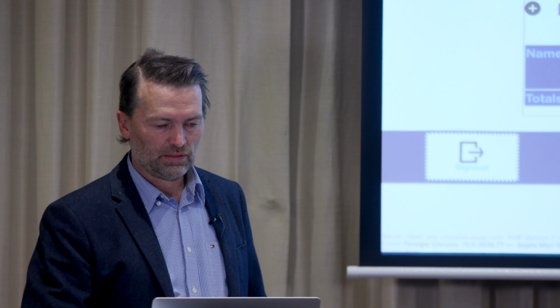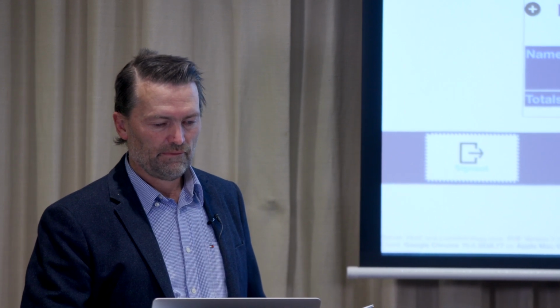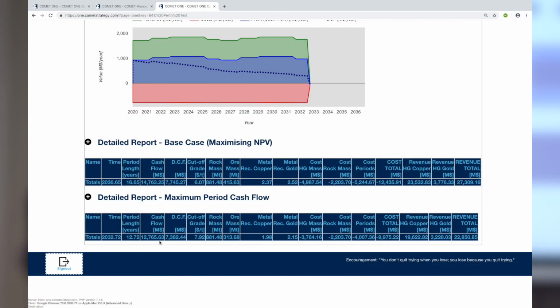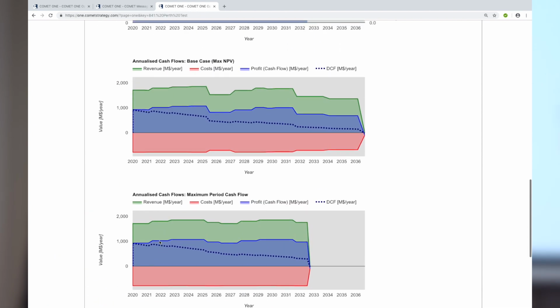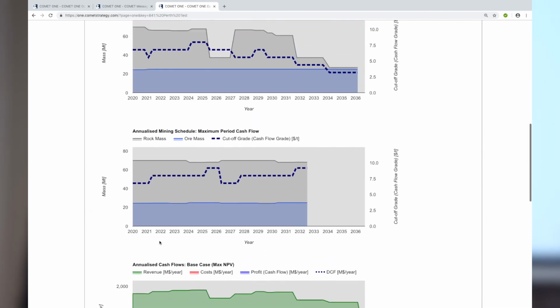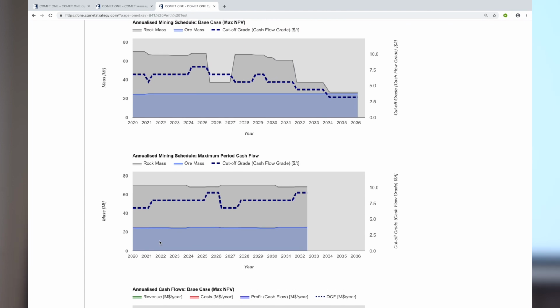So if we have a look at the cash flows from the different ones. Well, the total cash flow, we've actually gone down. So what's happened? Dropped off the life?